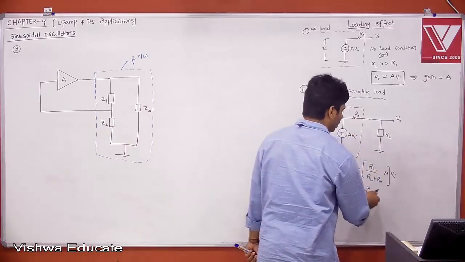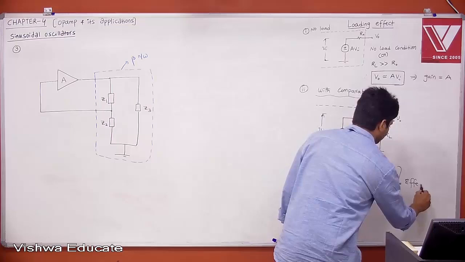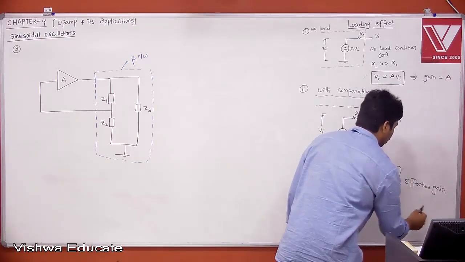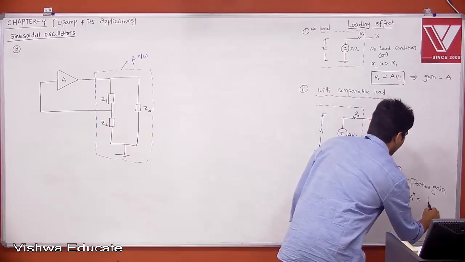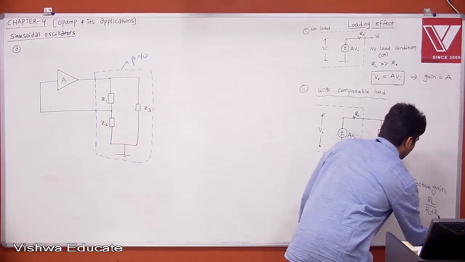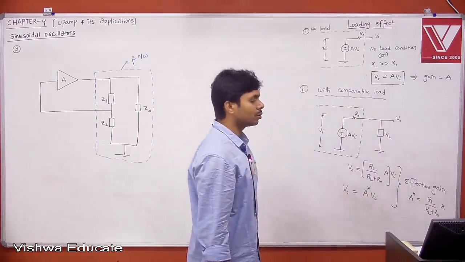Therefore, your effective gain including load, which is nothing but A star, is equal to RL divided by RL plus R0 into the open loop gain without load, the gain with no load.